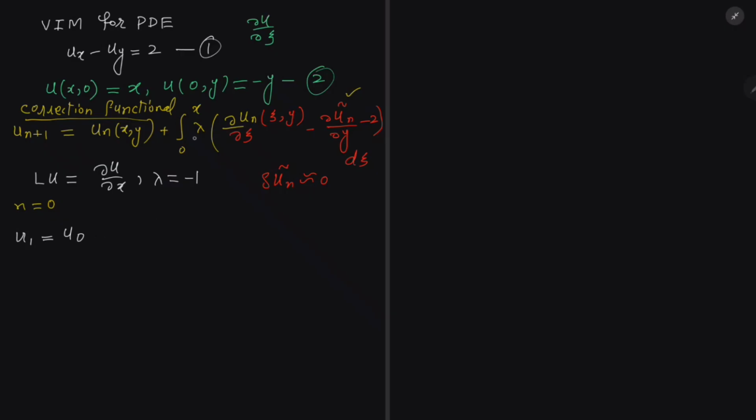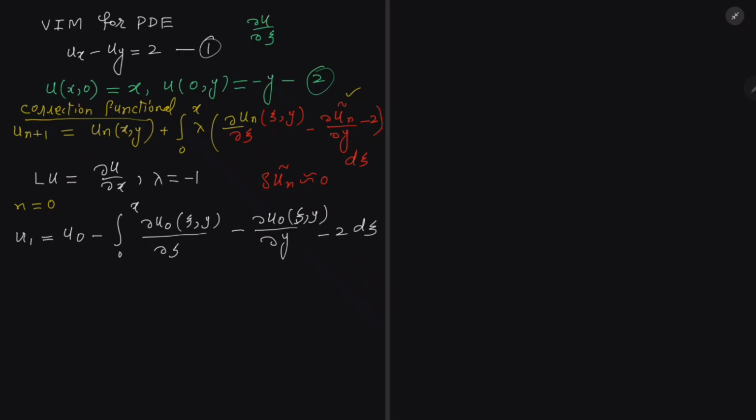So when we put lambda equal to minus 1, it becomes the integral from 0 to x of partial u0 of xi, y divided by partial xi minus partial u0 partial y, u0 is xi and y, minus 2 d xi.